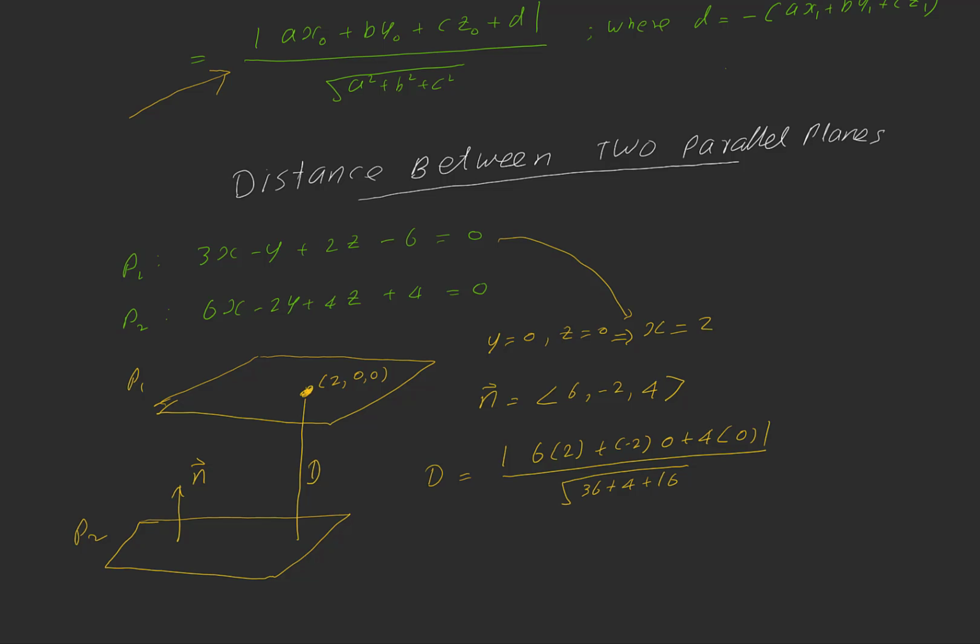So at the top we get 12 divided by the square root of 56. So this is the distance between these two parallel planes.